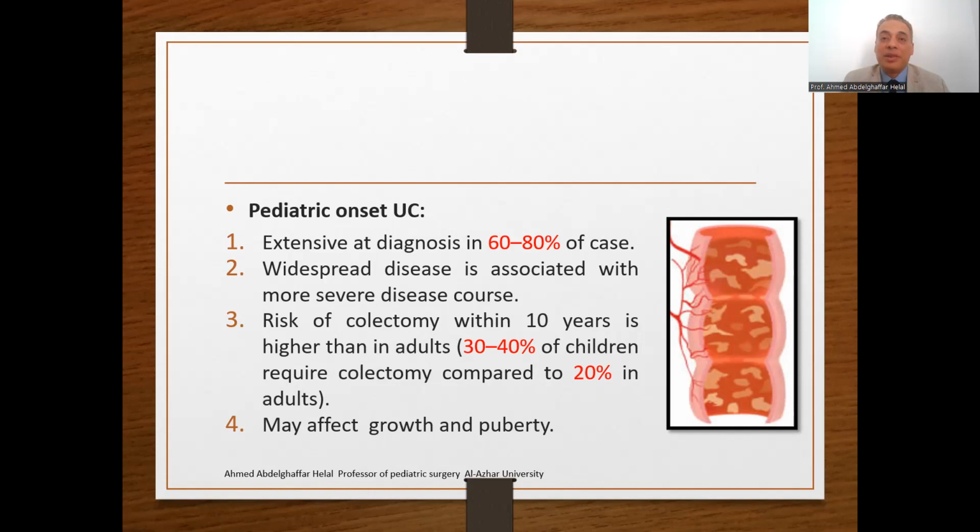Number three, the risk of colectomy in children within 10 years is higher than that for adults. Number four, it may affect growth and puberty, as the disease occurs in prepubertal and adolescent children. So these four characteristics are for pediatric onset ulcerative colitis.